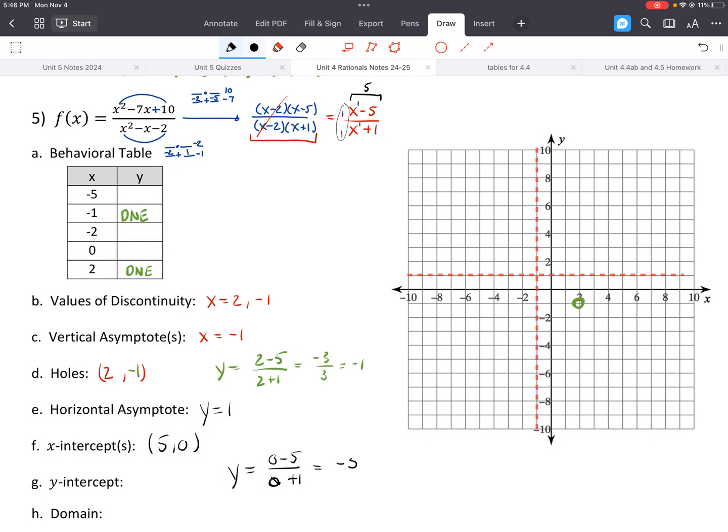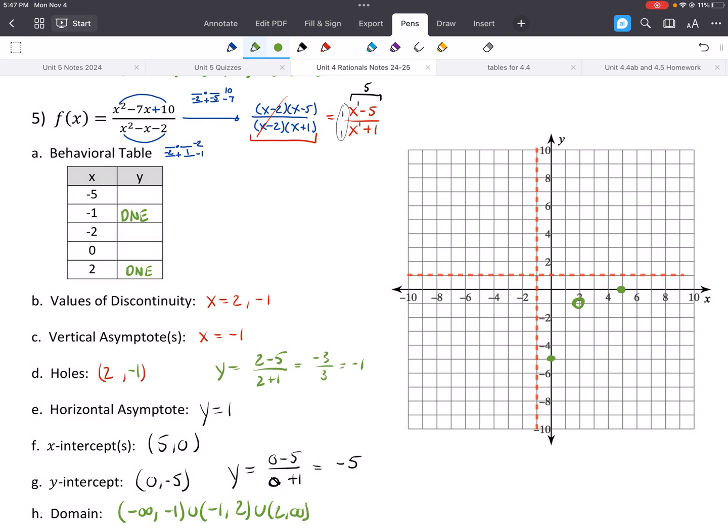So we end up getting negative 5. So (0, -5). So we can plot those. So (5, 0) would be right here, and (0, -5) would be right here. Okay, domain: negative infinity to negative 1, negative 1 to 2, and then 2 to infinity.